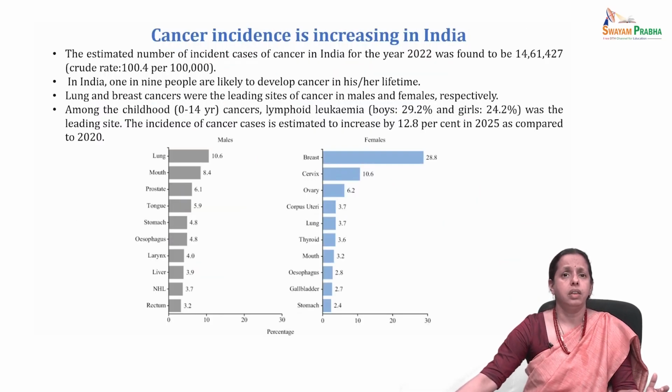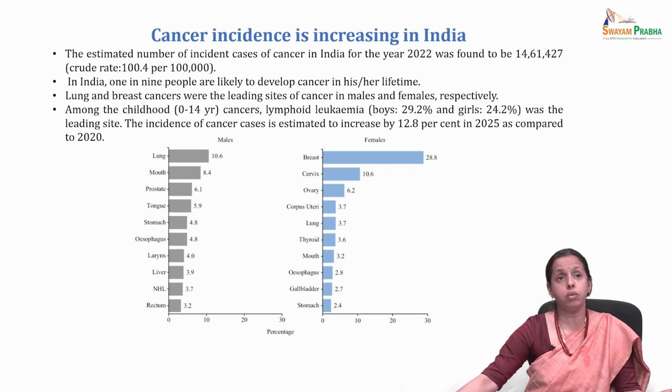The estimated cancer incidence in India for the year 2022 was a high number, approximately 100 per every 1 lakh. In India, there is every chance that 1 in 9 people are likely to develop cancer in their lifetime. Lung and breast cancers are the leading sites of cancer in males and females respectively.